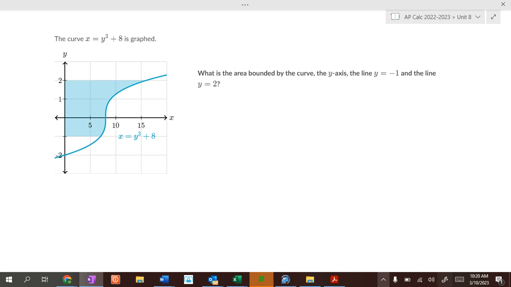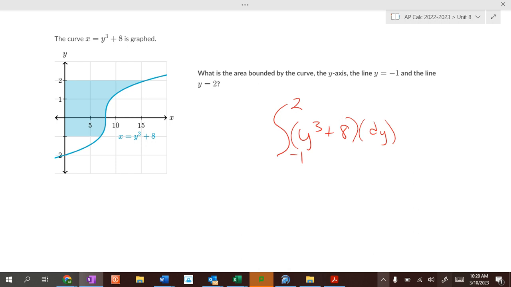So doing it here, we are going to integrate the top line, y cubed plus 8, minus the bottom line, which is 0. So do I have to put in a minus 0 there? No. And I have to go from here to here, so from negative 1 up to 2 dy. Okay? So this is not that bad. We're going to actually just integrate this.